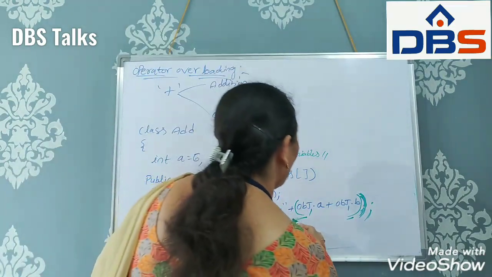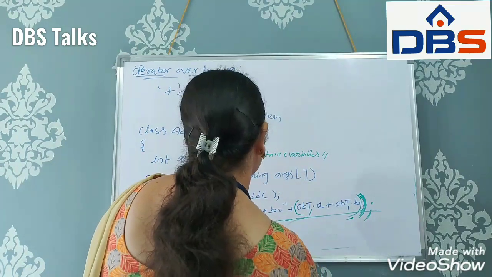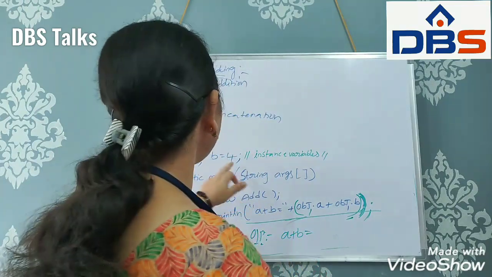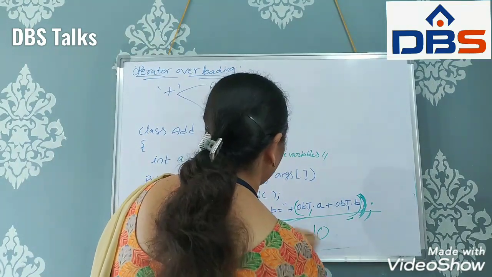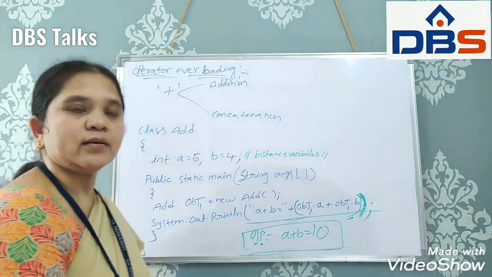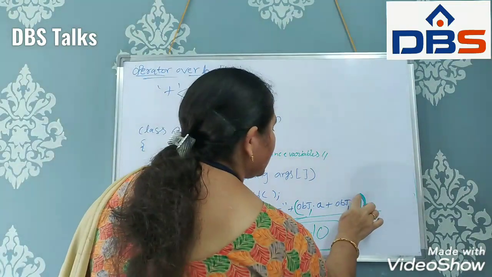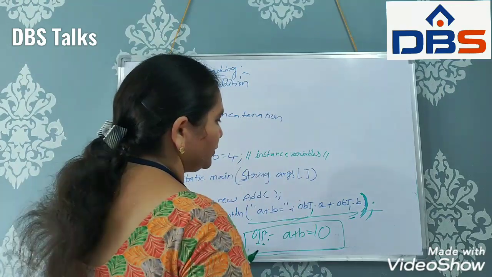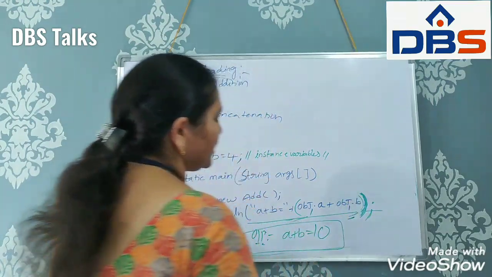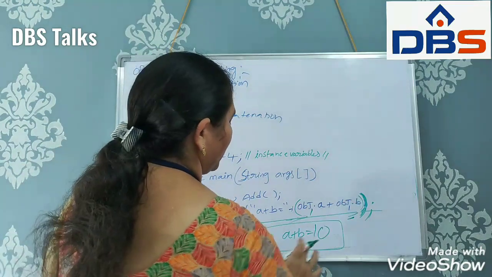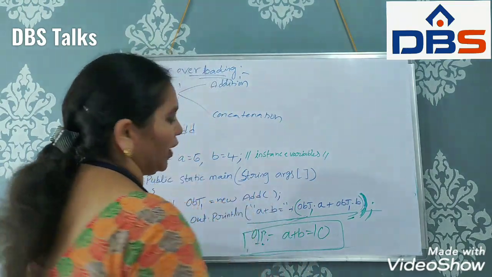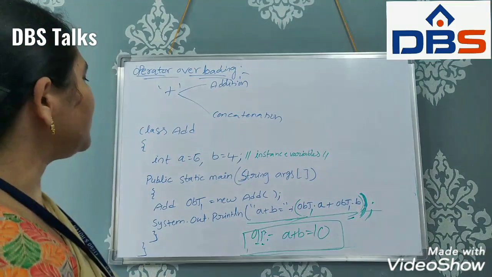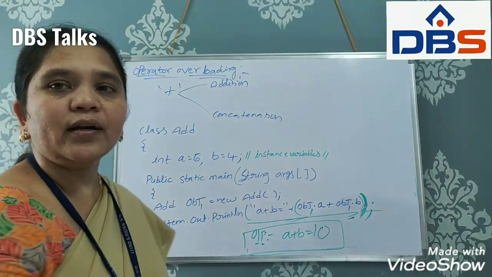Then we will get the output: a plus b is equal to, what is that? 6 plus 4. What is the answer? 10. Without these parameters, we get the output for concatenation. With these inside parameters in this statement, we get the addition of the two variables, that is 10. So this is a better, small example for operator overloading.